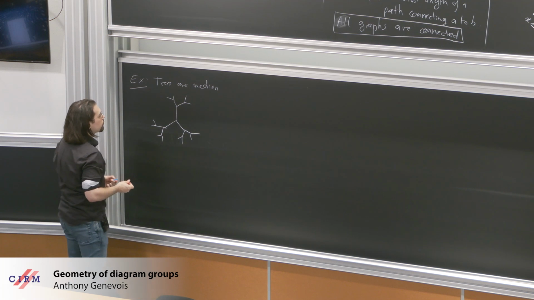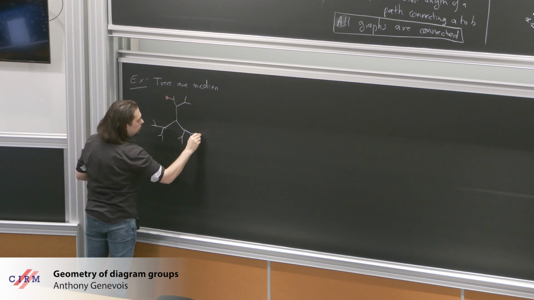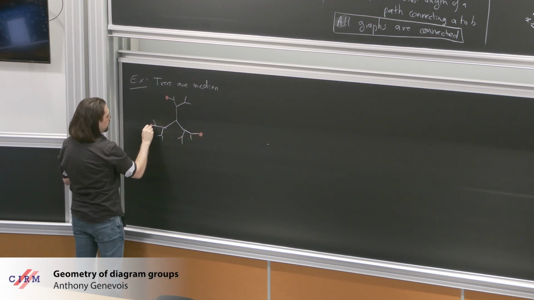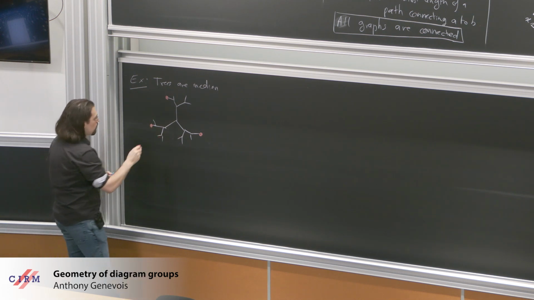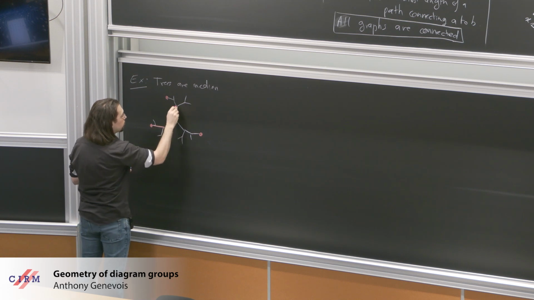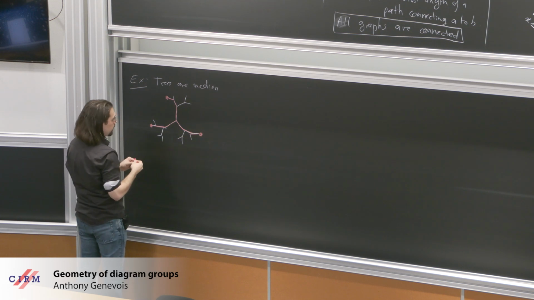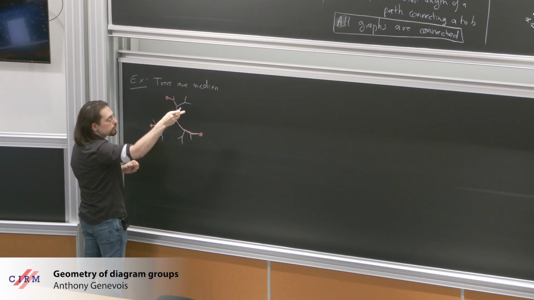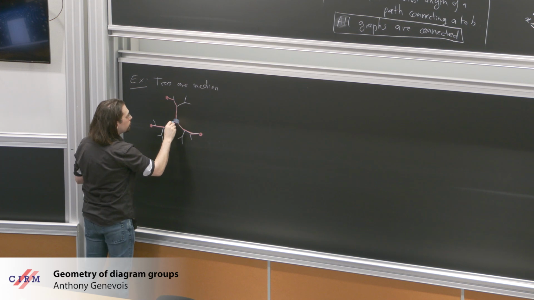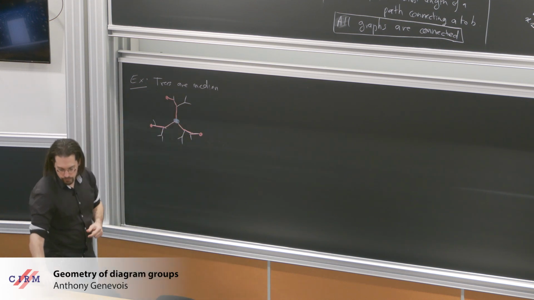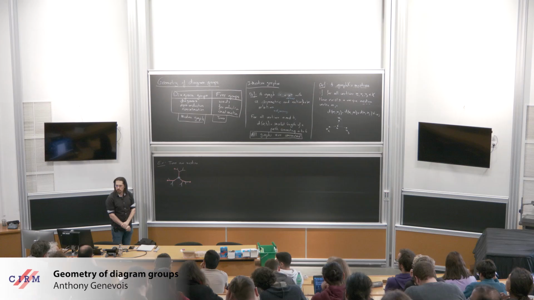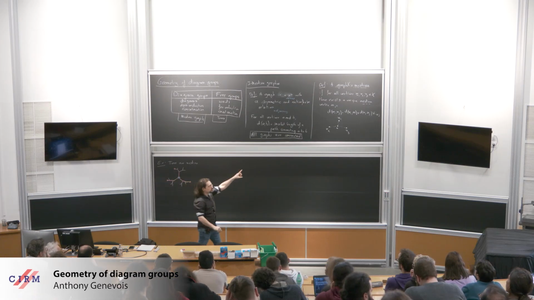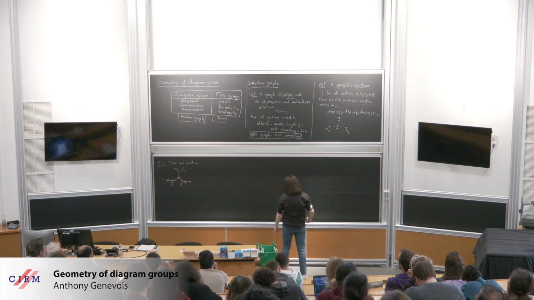If I take three vertices, then typically they will delimit a tripod, and the center of the tripod is exactly the median point. Yes, it has to be unique to be median.